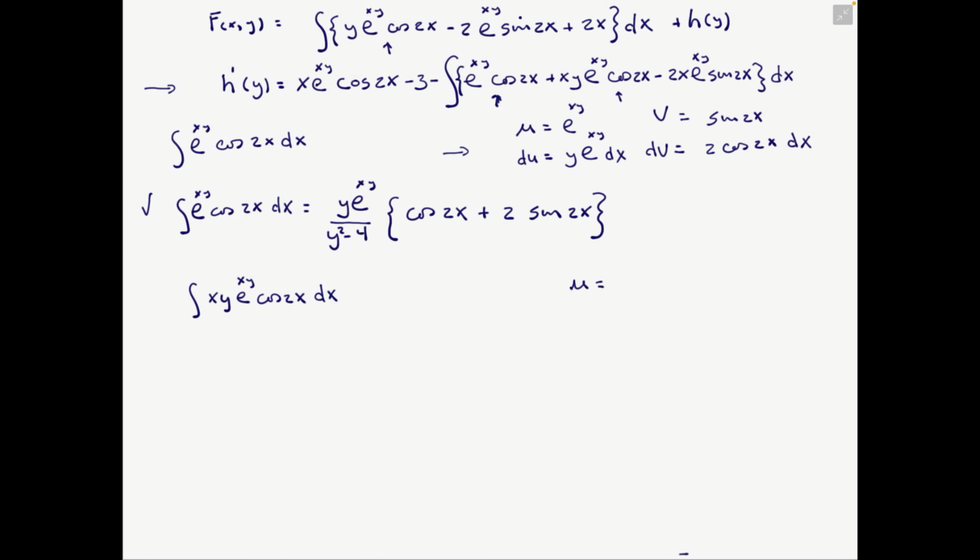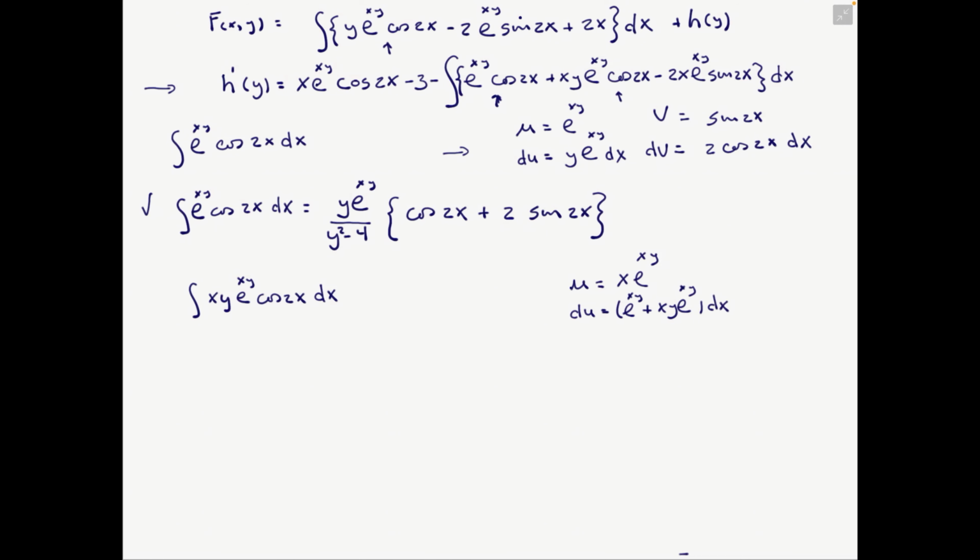And that's going to take a little bit more doing. In this integral, we again integrate by parts.